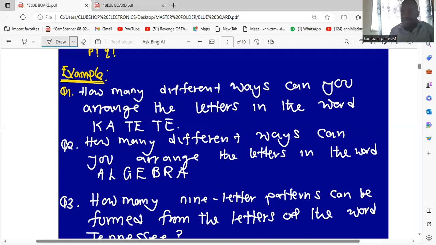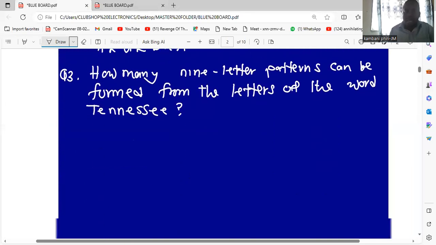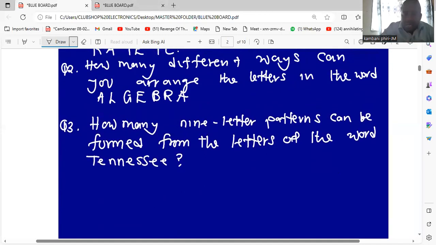Okay. The next question. How many nine-letter patterns can be formed from the letters of the word "tennessee"?